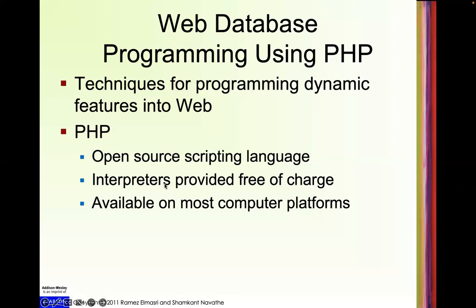A scripting language means it can run PHP code line by line. Whenever there is a scripting language, there is an interpreter. The PHP interpreter is open source, so it's free of charge, and it's available on most computer platforms.